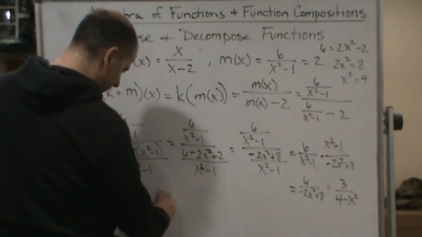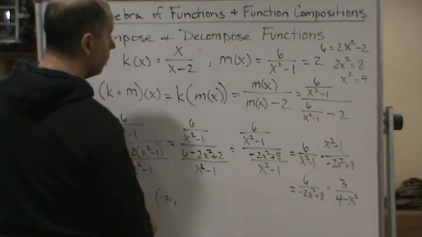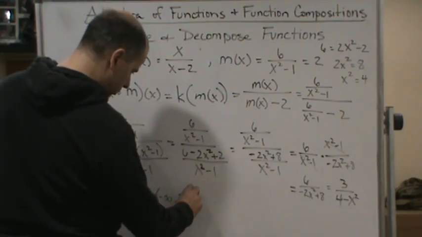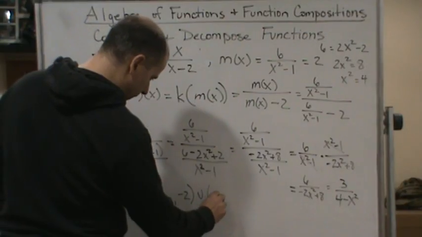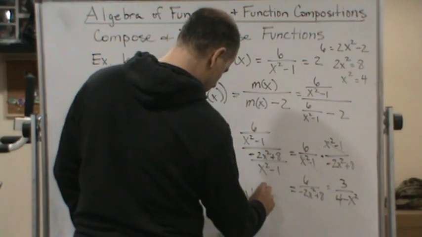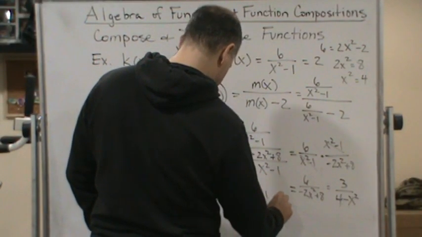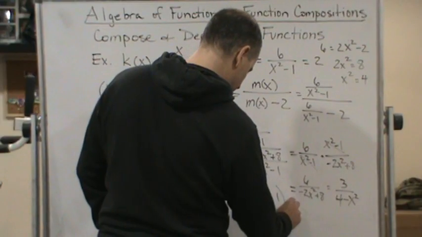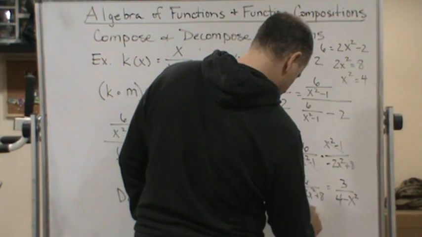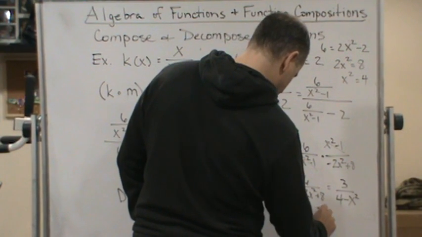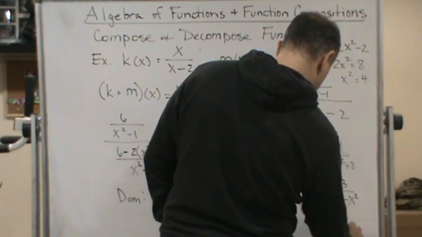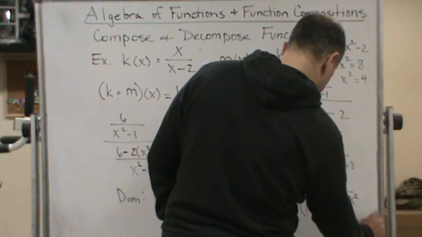So it'll be negative infinity to negative 2, union negative 2 to negative 1, union negative 1 to positive 1, union positive 1 to positive 2, union 2 to infinity.